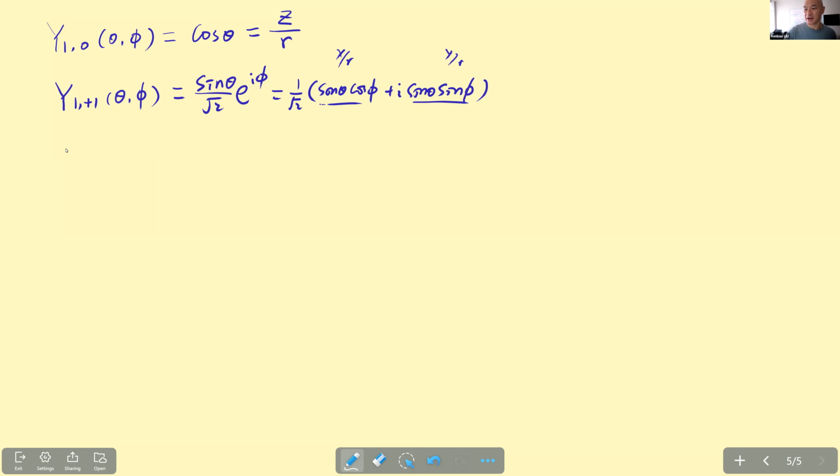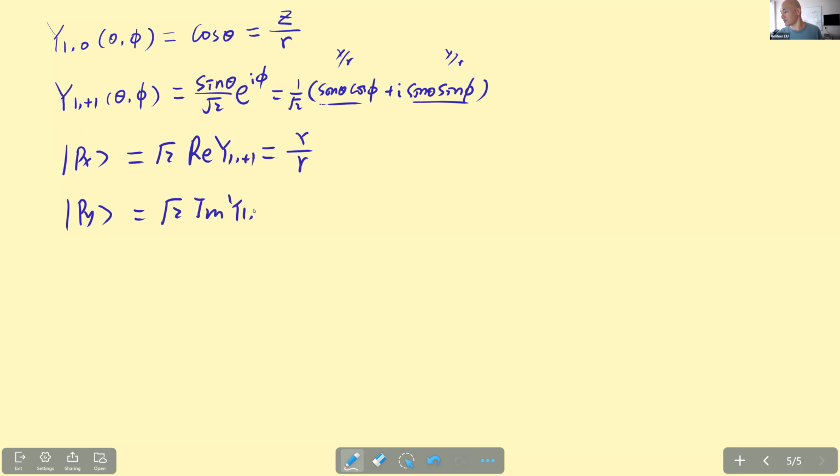So that means this px state is just the square root of 2 times the real part of Y_1^1, which is nothing but x over r. And py is just square root of 2 times the imaginary part of Y_1^1, which is just y over r. So that's why we call these the x and y components. And of course, let me call the third one pz, which equals z over r.